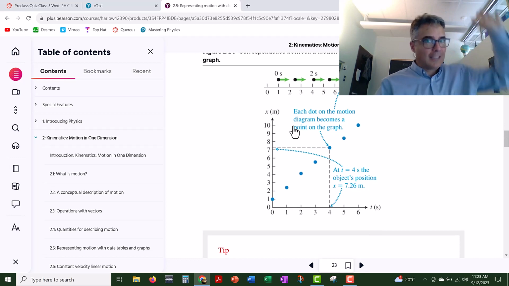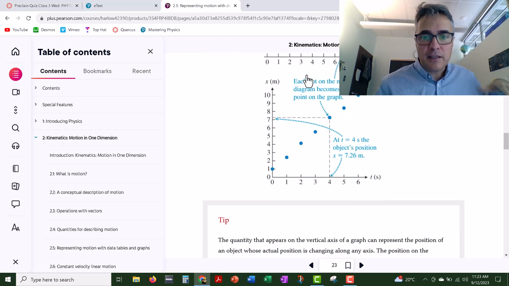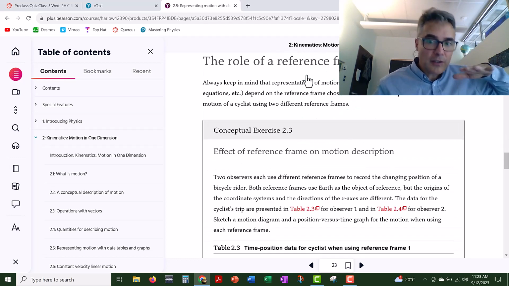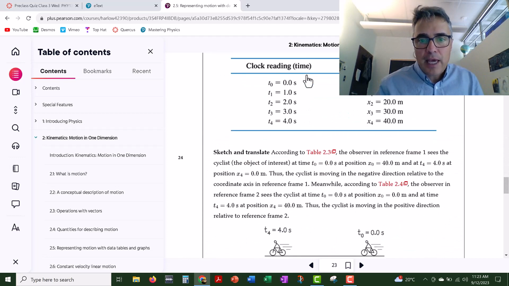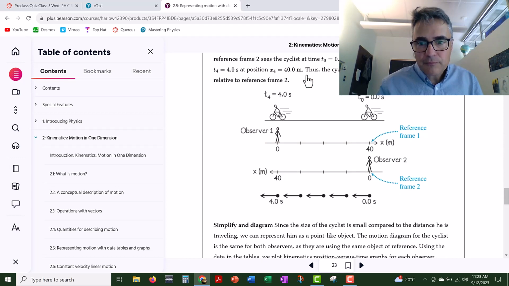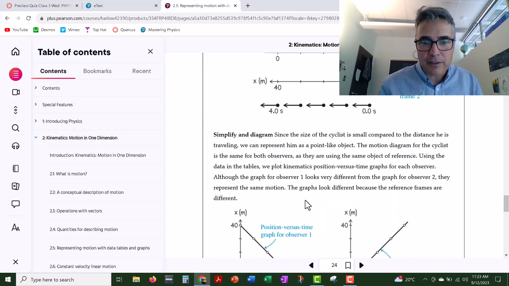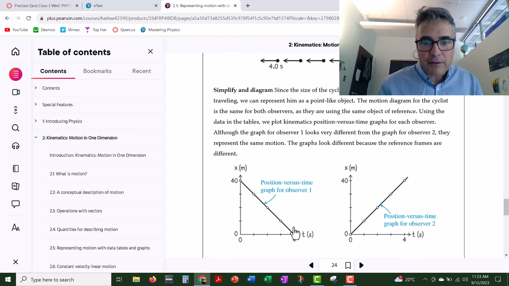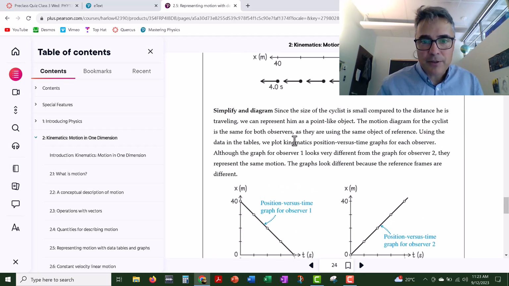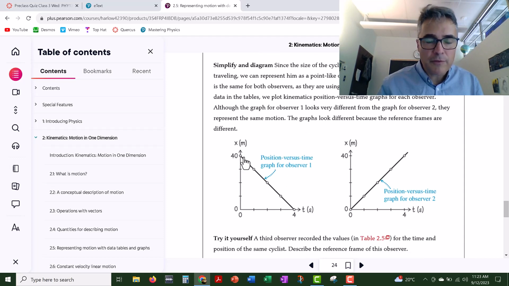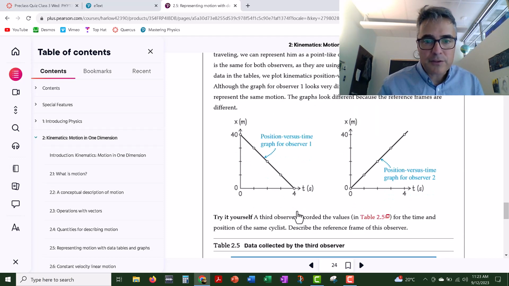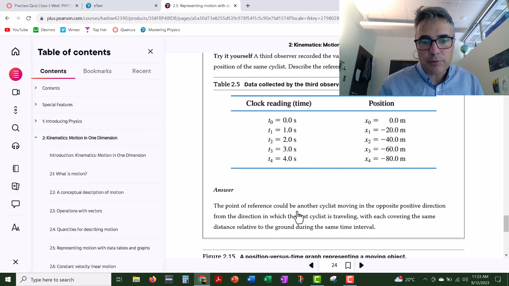It's weird: the x is the up-down axis, and the horizontal axis is called time. If something's moving to the left, it might go from 40 down to 4 or something. If x increases to the right, this graph of x versus time would be somebody moving from the right to the left, so like a negative slope.